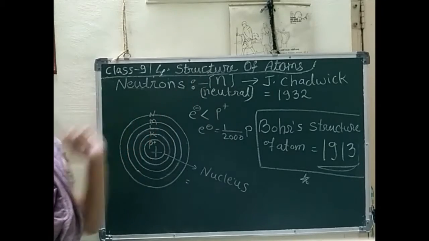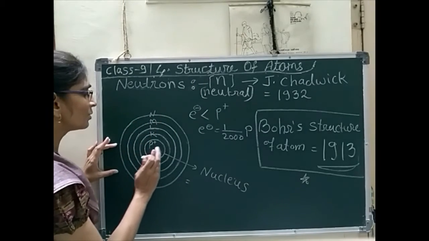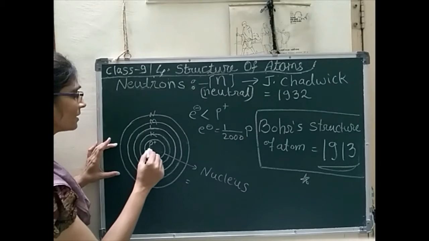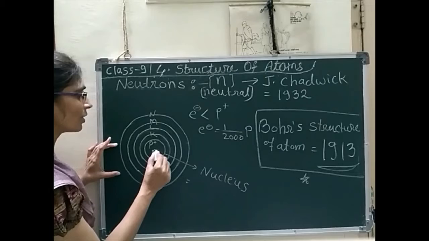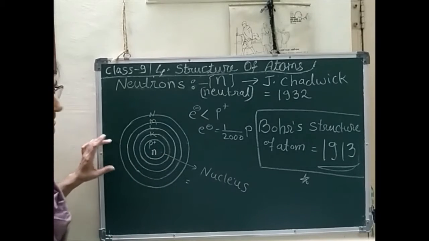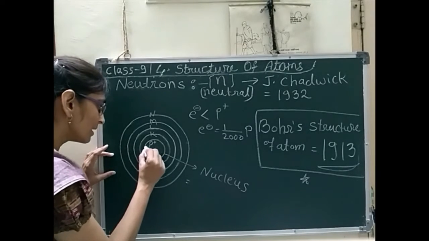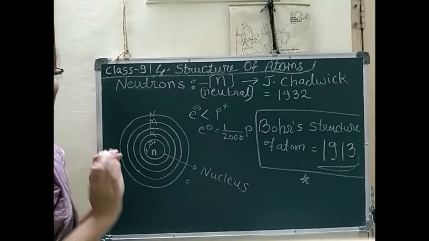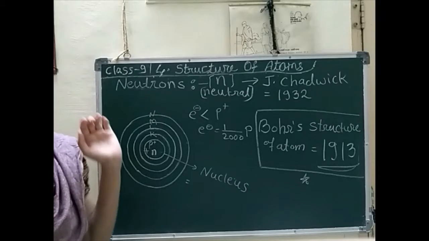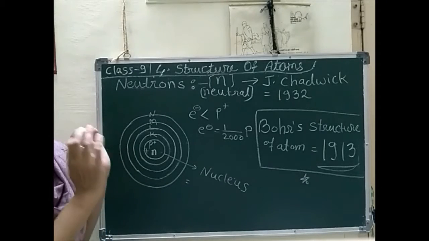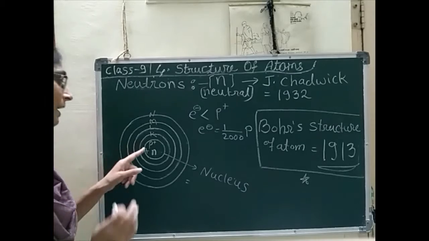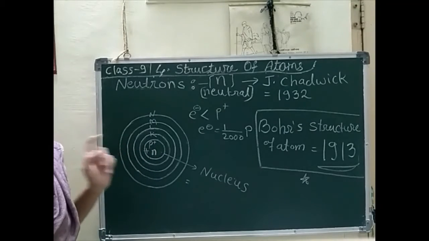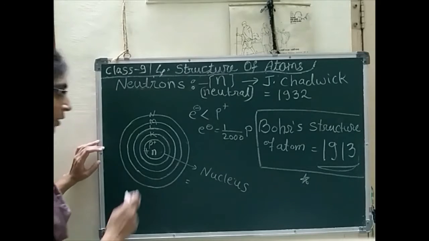So this neutron is also present inside the nucleus, as proved by J. Chadwick in 1932. Along with protons, neutrons are present inside the nucleus, and we know that the whole mass of the atom is concentrated in the nucleus at the center of the atom.